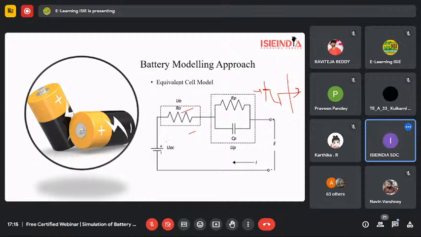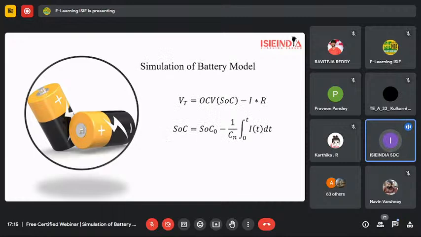Okay, now coming to the simulation of the battery model. We'll be moving towards the main thing of this webinar, the simulation model. I will be doing a mathematical simulation in MATLAB, and we are going to use this equation.